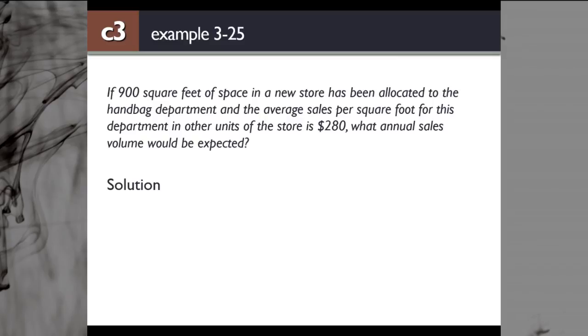This is actually the same question, but it's asking you a different one. Now I'm asking you to calculate the annual sales, whereas the previous example asked you to calculate the space that you needed. So in this case, to calculate the estimated sales, you have to put the total space that you have, multiplied by the sales that you make from one square foot.